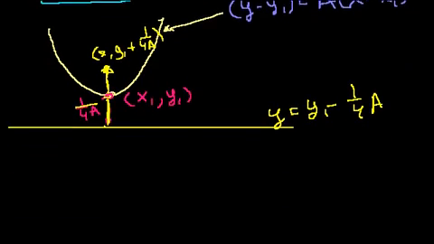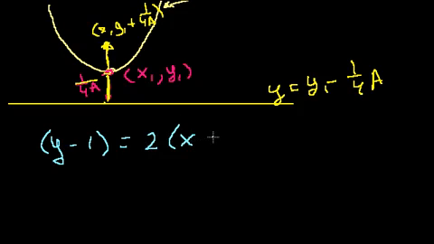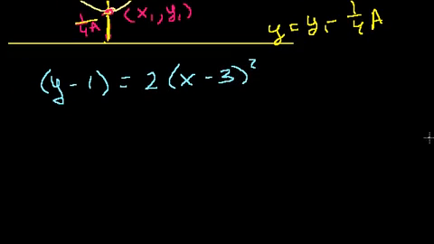So in general, if I gave you, so just think about this a second. If I gave you an arbitrary equation now, let's say y minus 1 is equal to 2 times x minus 3 squared. We can graph this and draw the focus, or actually foci if there was more than one focus.